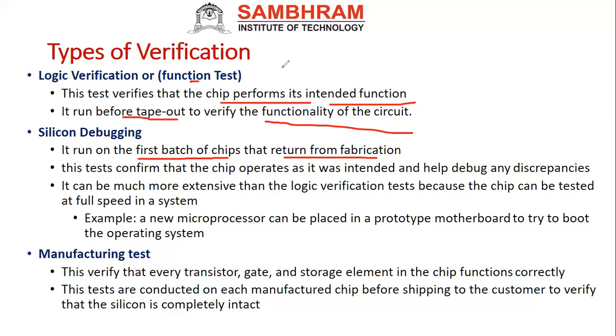If the test confirms that the chip operates as the designers intended, and helps debug any discrepancies. If there is any problem, we can debug it. But very important: once it is fabricated, once the IC has come, even if there is any error, we cannot correct it. That is very important.